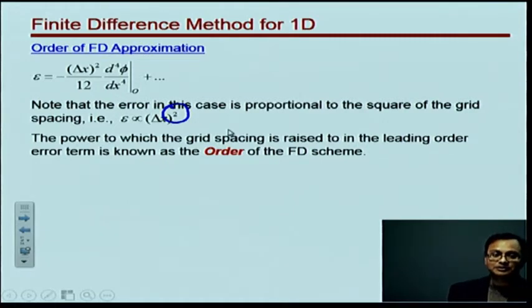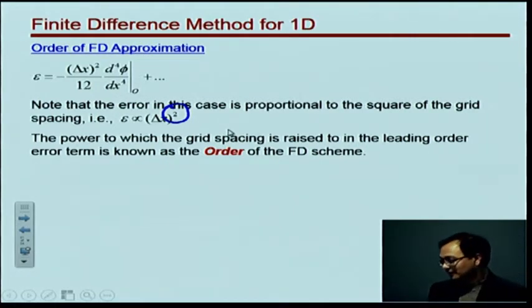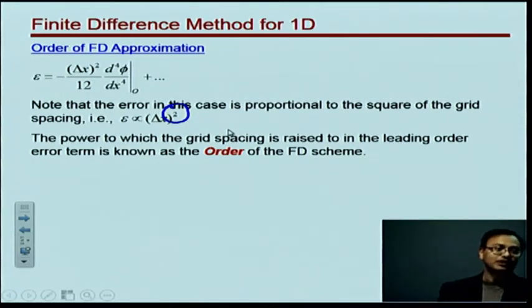Now, here we did the derivation for equally spaced nodes, and that's why the order has come out to be a nice number like 2. Sometimes if you use unequally spaced nodes and try to do the derivation, you will find that it's not very clear whether it's first order or second order. It will be somewhere in between. So the order of the scheme is not always well defined.